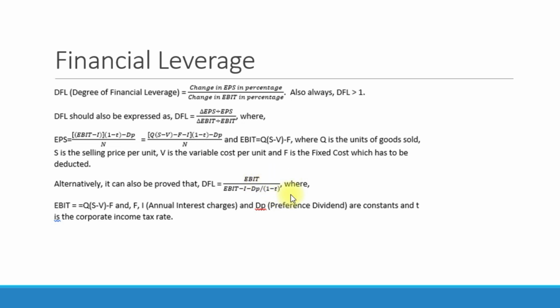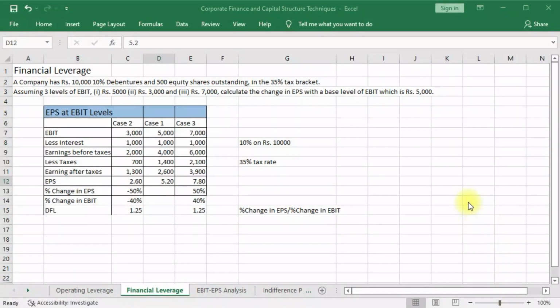Now we'll take a look at an illustration to see how it works in the case of financial leverage. A company has rupees 10,000 10% debentures and 500 equity shares outstanding in the 35% tax bracket.